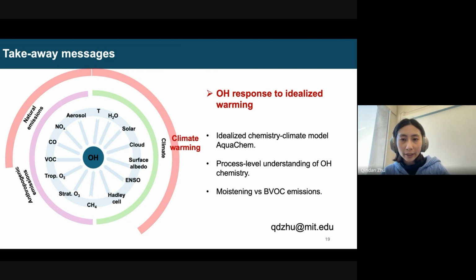And we do see a difference, especially over the tropical region, because in the upper troposphere in the tropical regions we still see these moistening effects winning out. But near the surface, we see a larger impact from these BVOC emissions because, as we expected, these BVOC emissions will be more influential near the surface, closer to where the source is.